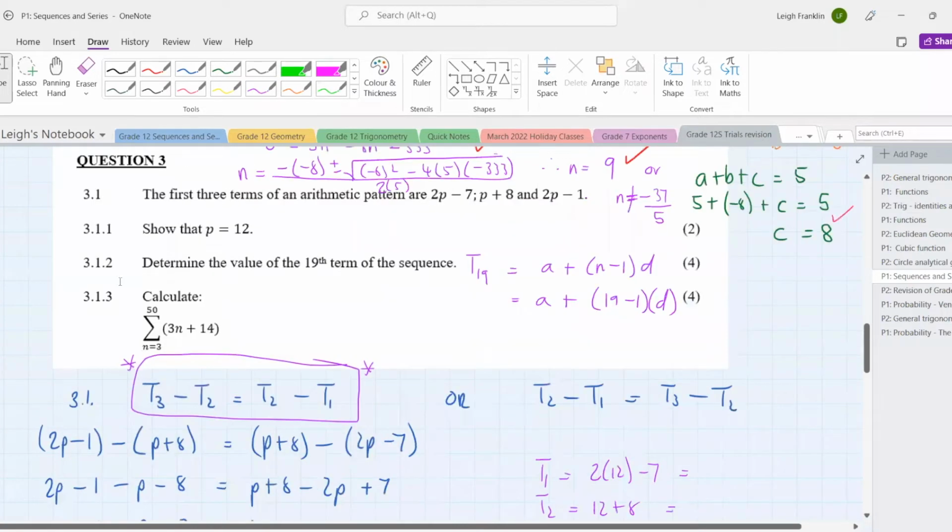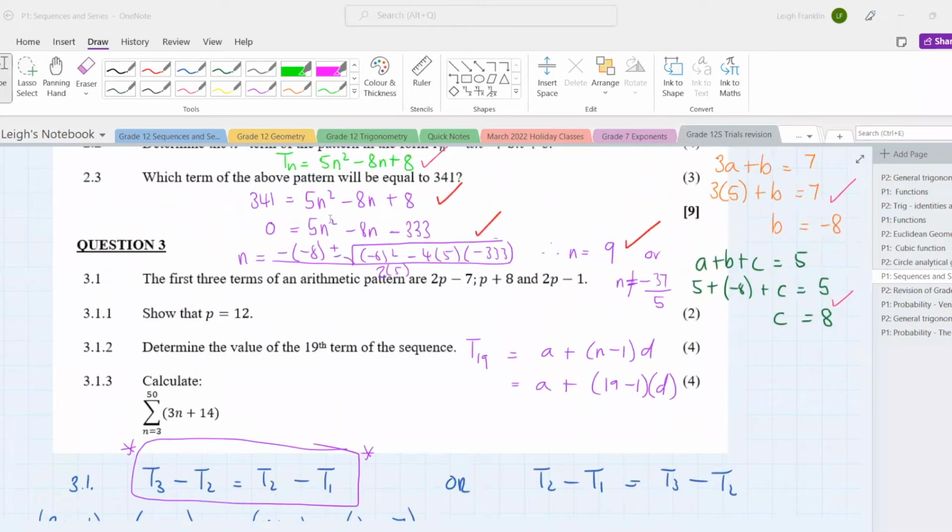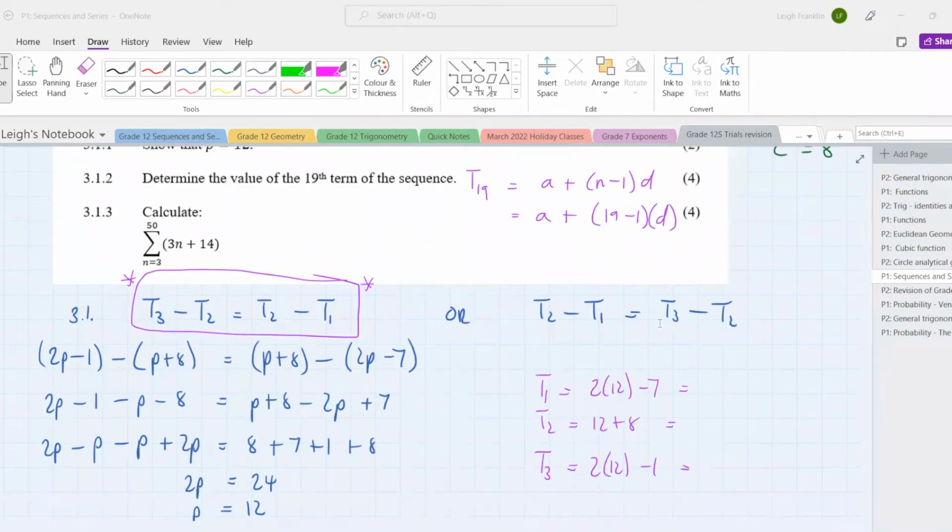Okay, so that means the term 1 is equal to what? Ma'am, isn't it 17? It is. For the first one? Yes.